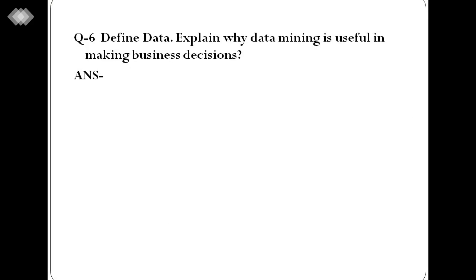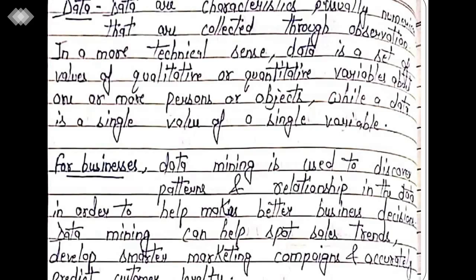Now, next question is: define data. Explain why data mining is useful in making business decisions. So, data are the characteristics, or you can say some raw facts and materials. In a more technical sense, data is a set of values of qualitative or quantitative variables about one or more persons or objects, while a datum is a single value of a single variable.